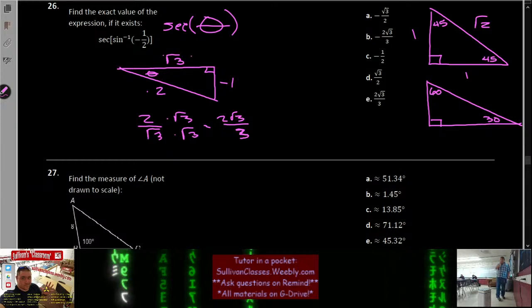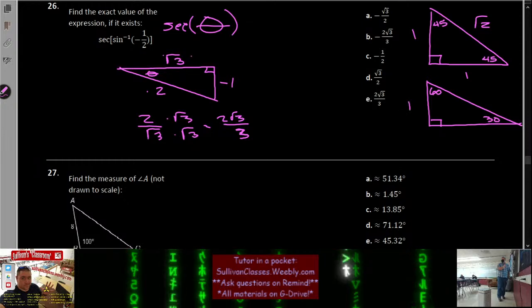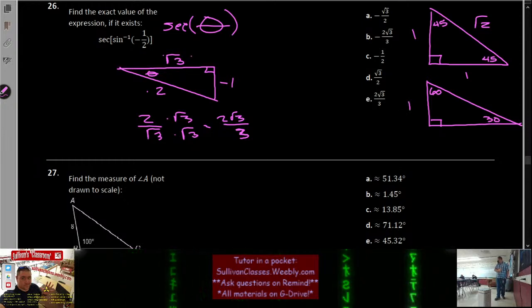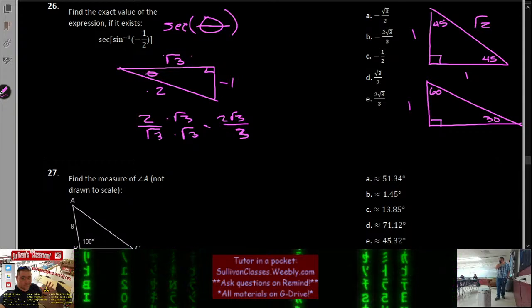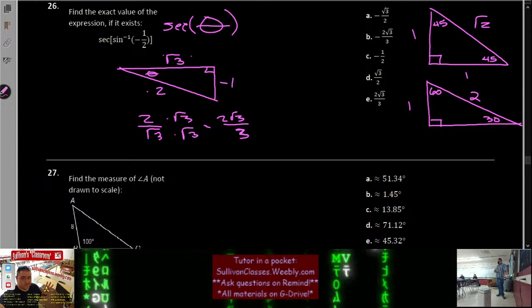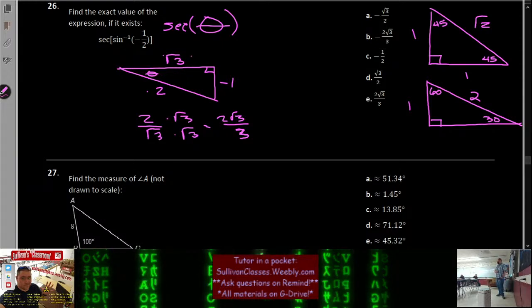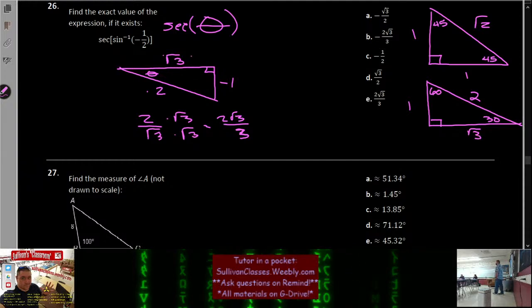Okay, I heard all 3 of the numbers. The short leg is 1 because it's the smallest value. Smallest angle, smallest side length. 2 is larger than square root of 3, so it has to be the hypotenuse. Square root of 3 is the long leg.